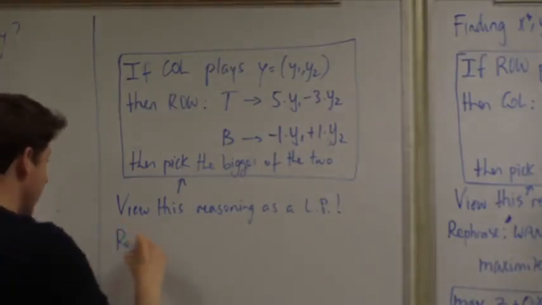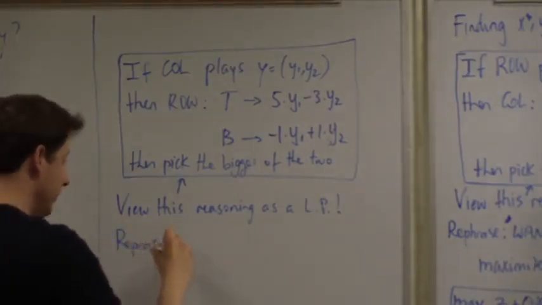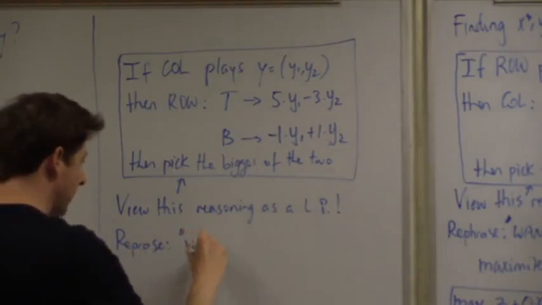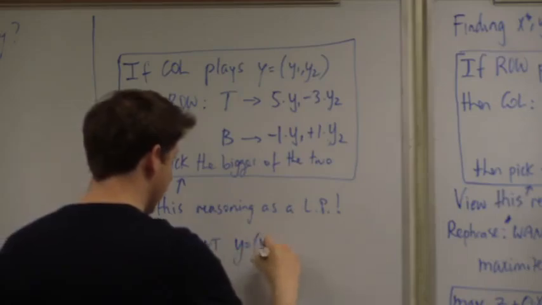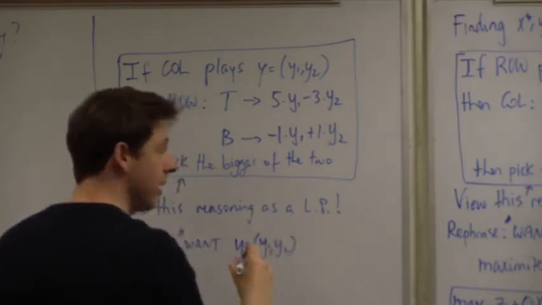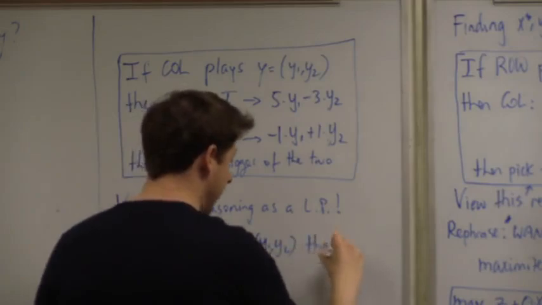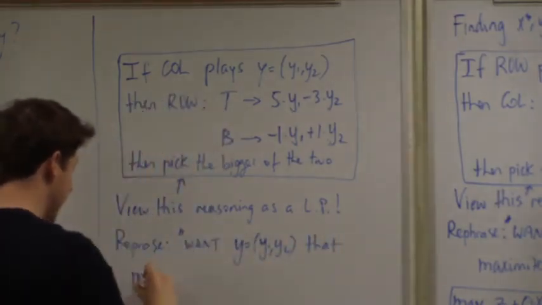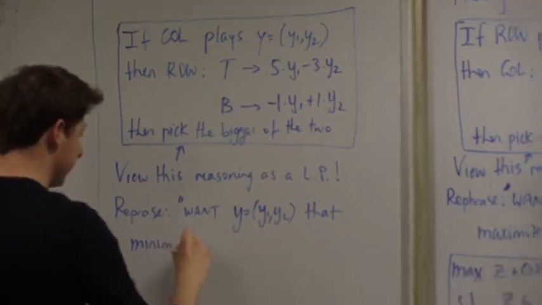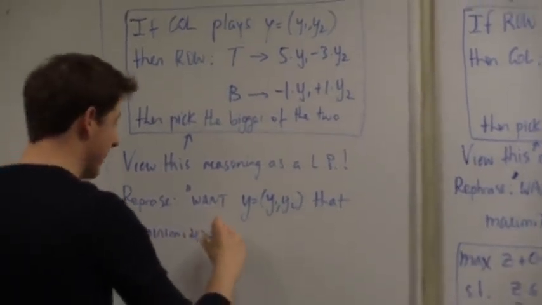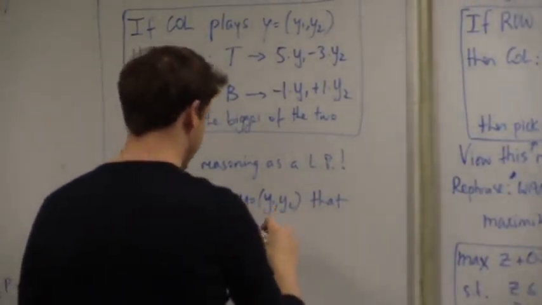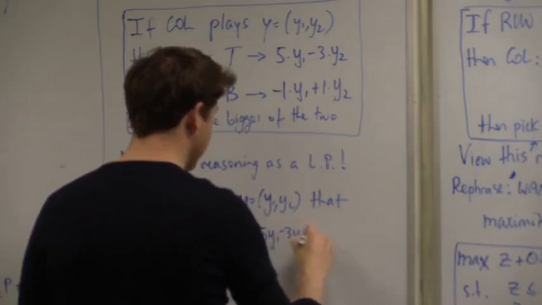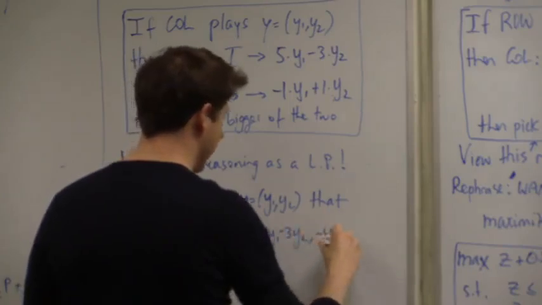And again, we can rephrase this as we want y, which is a tuple of y1, y2, that now this time minimizes the maximum of the two options, 5y1 minus 3y2 and minus y1 plus y2.